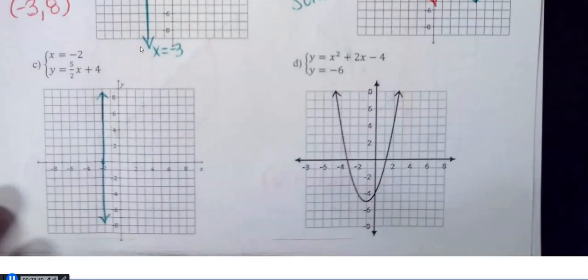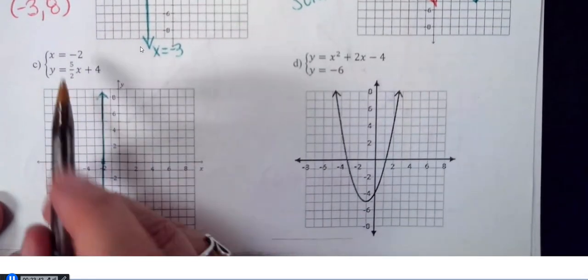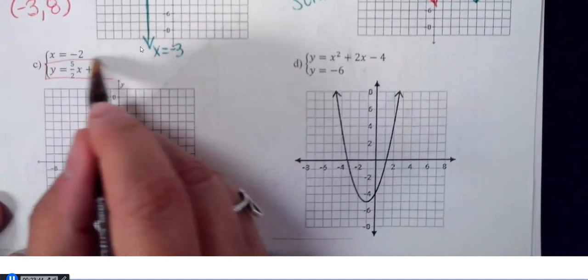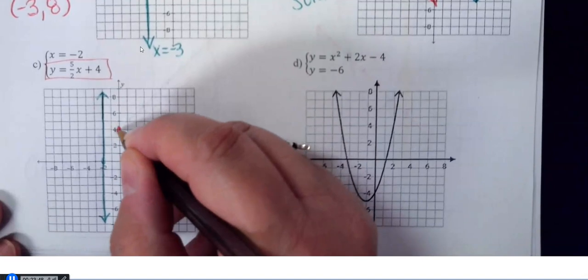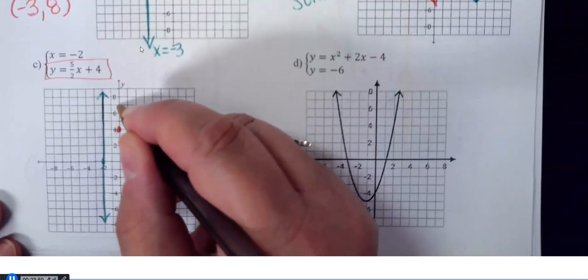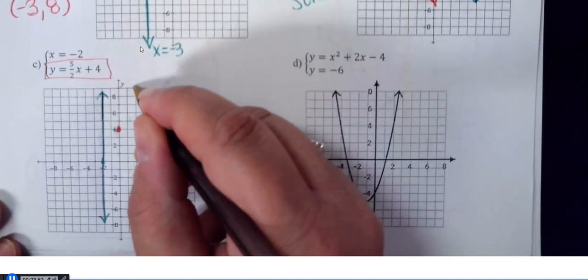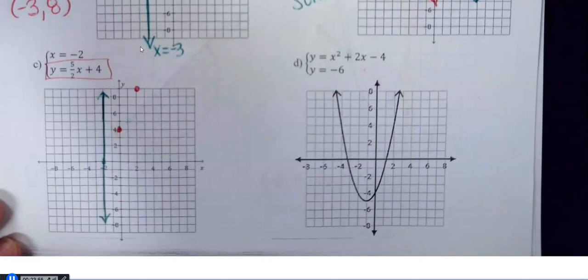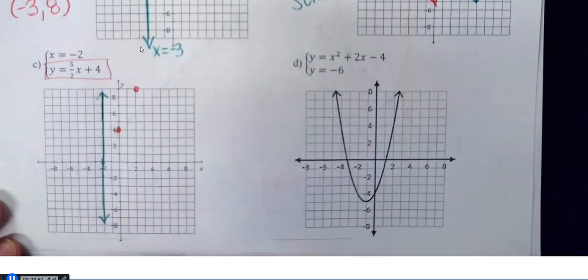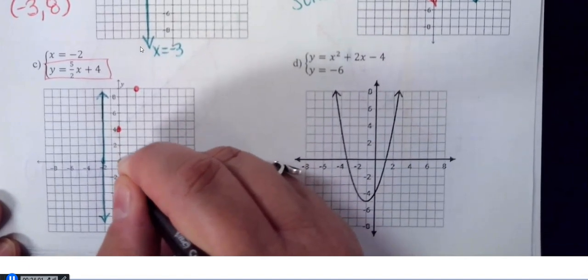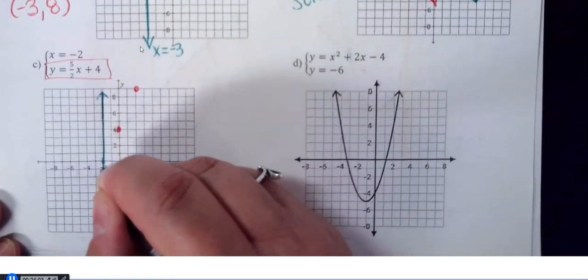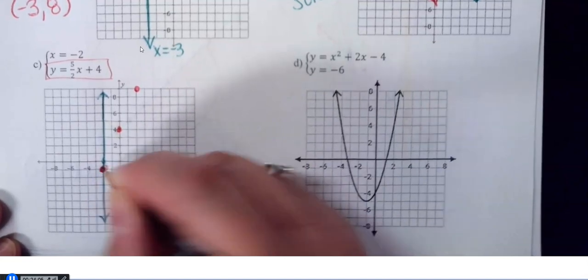Now, the other equation, this is more similar to what we were doing on the front. This is in slope-intercept form, so I'm going to start this at 4, make sure you're on the y-axis, and then I'm going to go up 1, 2, 3, 4, 5, and over 2. Now, that's not going to get me towards the direction I want to go, so I actually want to go backwards here. So I'm going to go down 1, 2, 3, 4, 5, and then I'm going to go to the left 2 to actually find where that intersection would be.